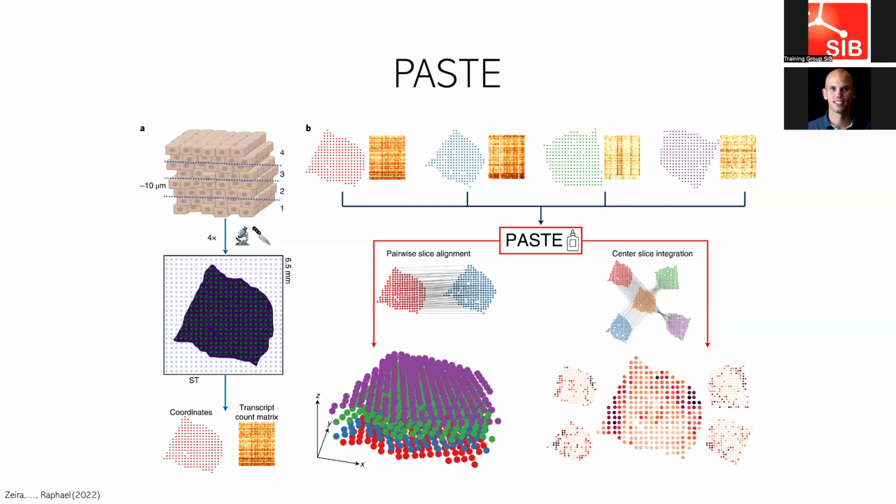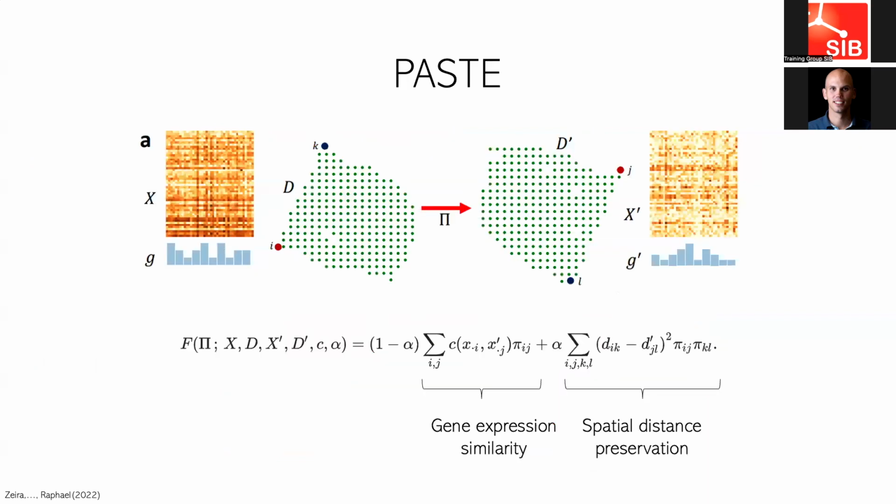What PASTE is trying to do is again to learn a mapping between spots from a query to a reference, for example, right? So what's the best match for this spot in this section? They also have a mode where, if you have multiple sections, you learn a central alignment of your tissue, but they are very similar. So let's just explain one of them, and the other one you can read in the paper. Again, it's optimal transport based.